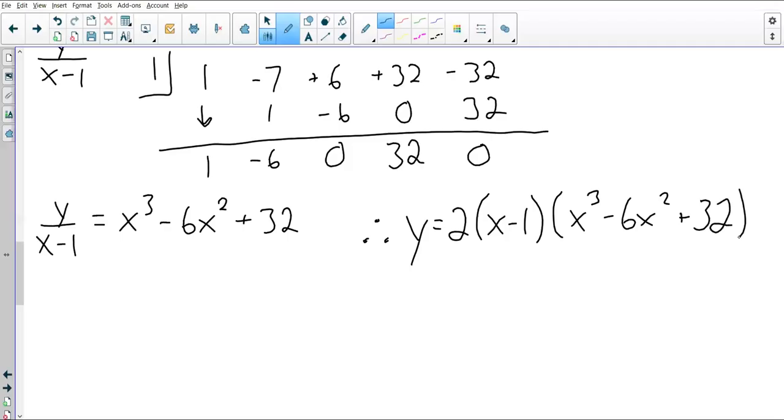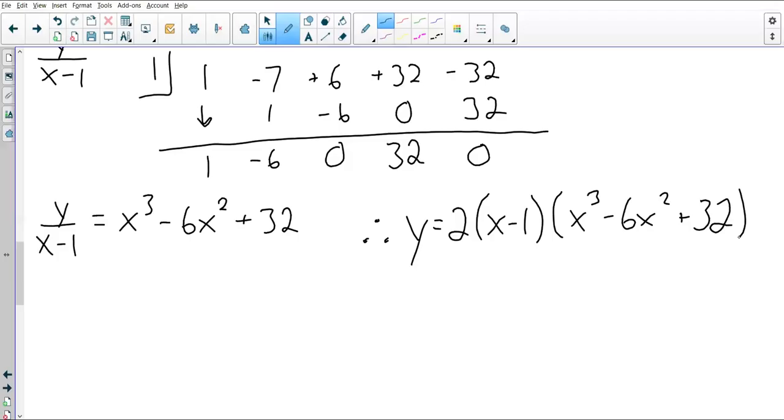I've taken the x to the 4th minus 7x cubed plus 6x squared plus 32x minus 32, and I factored that to be x minus 1 times x cubed minus 6x squared plus 32. We can always double check that by multiplying the binomial by the cubic function, if we really wanted to see what was happening.